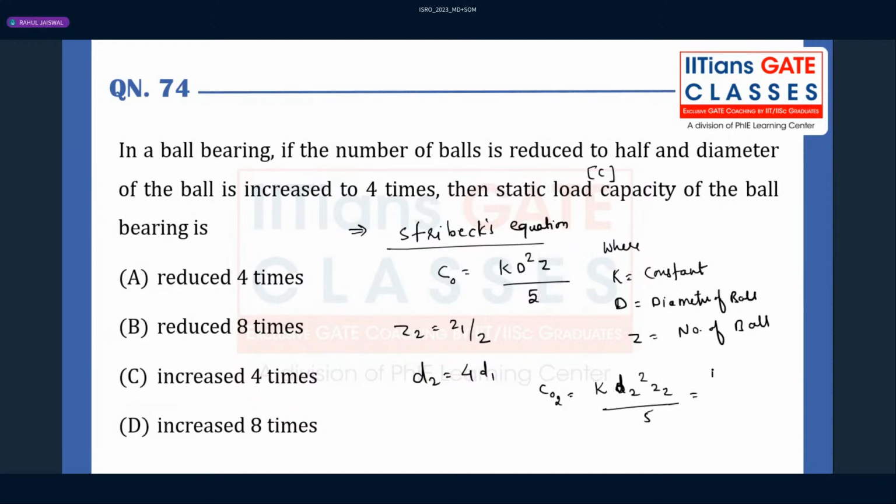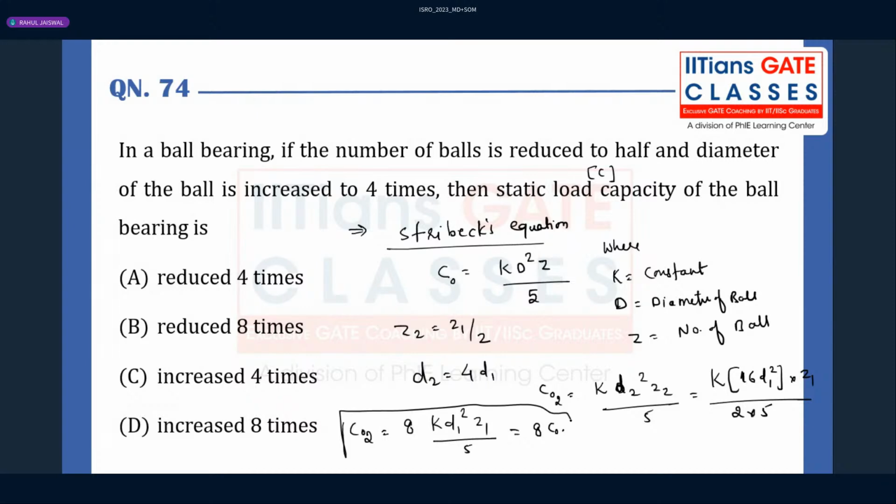K will be constant anyhow. D2 square is 16 times D1 square. Z2 is Z1 divided by 2. So C naught 2 will be 8 times K D1 square Z1 divided by 5, whereas K D1 square Z1 divided by 5 is C naught.